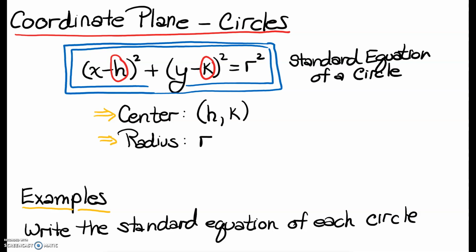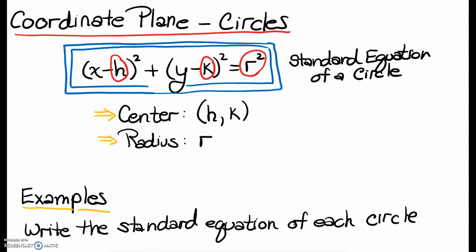We're going to write it with a negative sign, and then we're going to use the h and the k value without the negative, without that subtraction sign. And then I want you to notice that the radius is the square root of r squared. This is a squared term, so to find the radius, you need to take the square root.